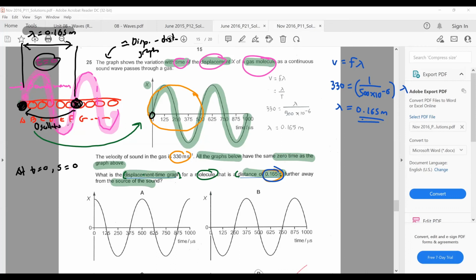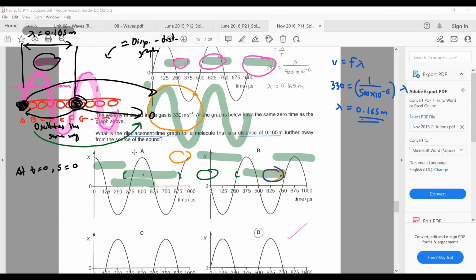So if this particle is oscillating like this with respect to time, you also expect this particle to oscillate the same way. So the answer for this would be D.